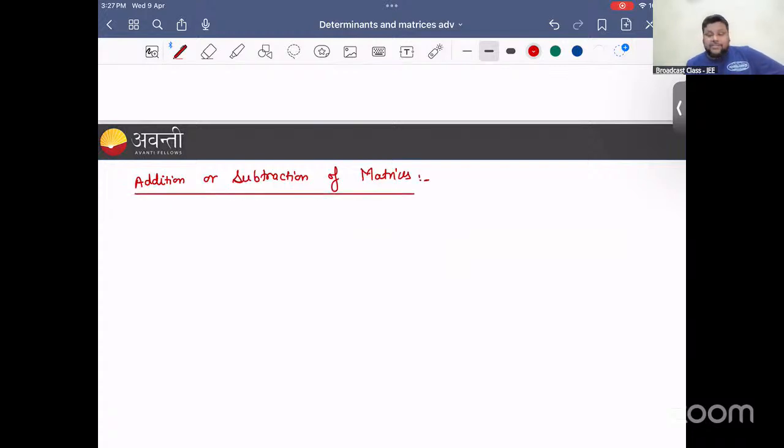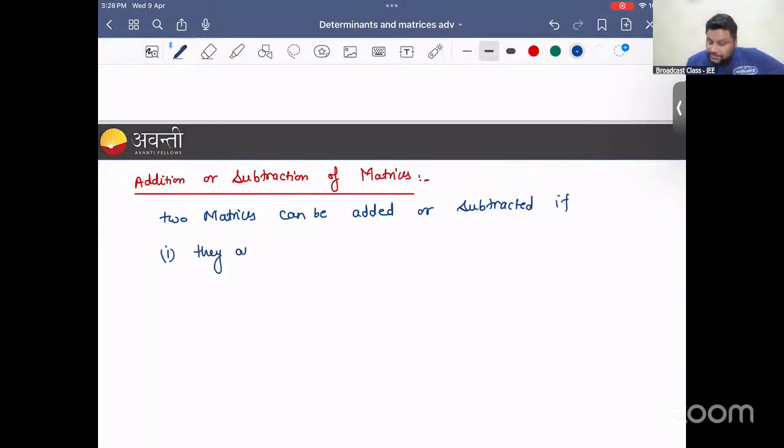Again, when can we do this? Again, same thing. Two matrices can be added or subtracted if, first point, they are of the same order.